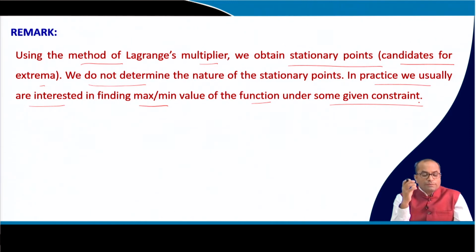So in this lecture, we will not look for the nature of those stationary points which we get using the Lagrange multiplier. We will just evaluate the function value at all these points and then see where the function attains its maximum, basically the global maximum and minimum.